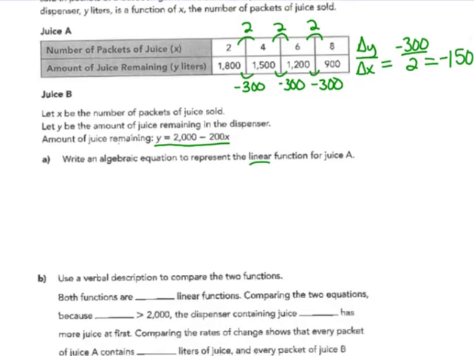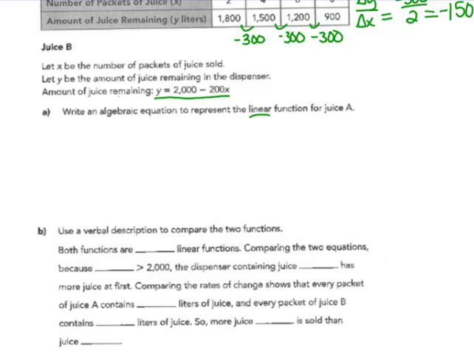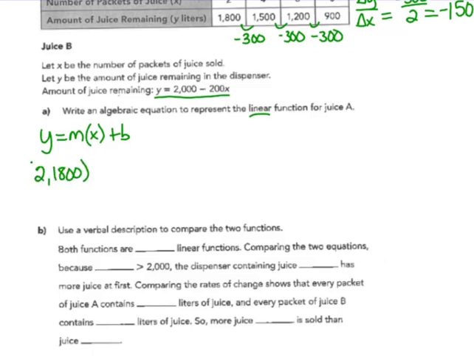So my equation for linear A would be, I'm going to pick a point and solve it for y equals mx plus b to figure out my b. So I know my slope is negative 150. So the point that I'm going to use is 1800, that first point given to me.